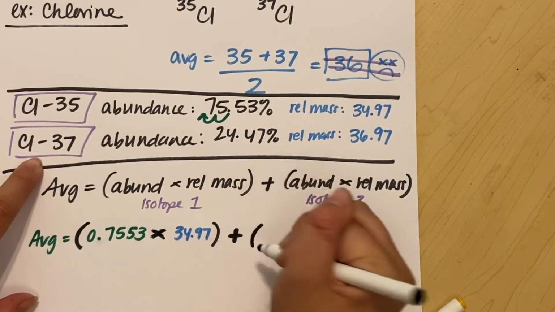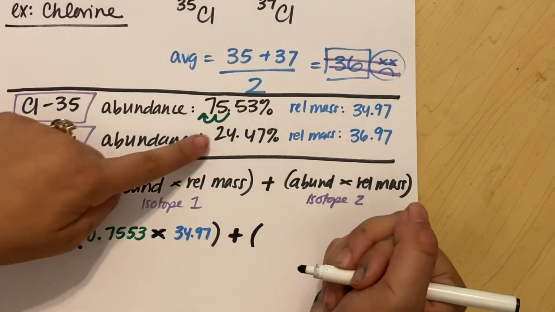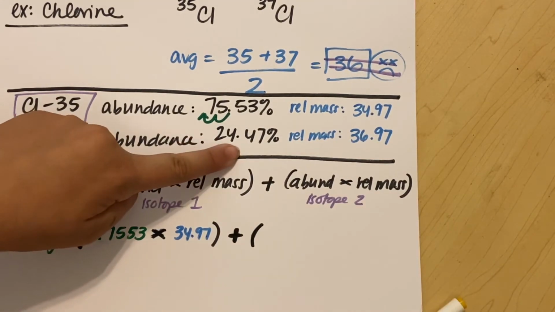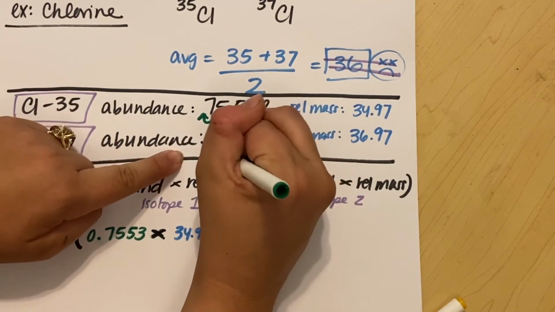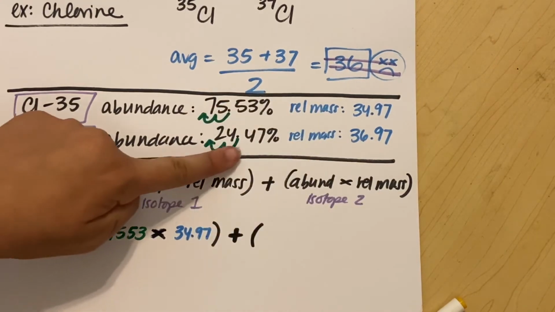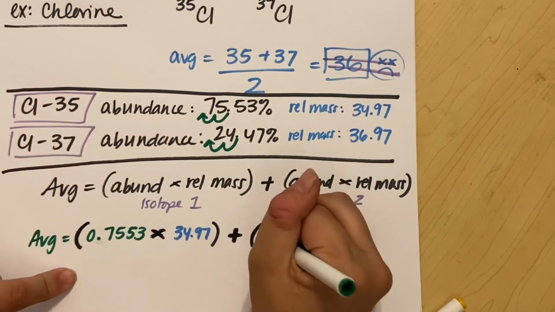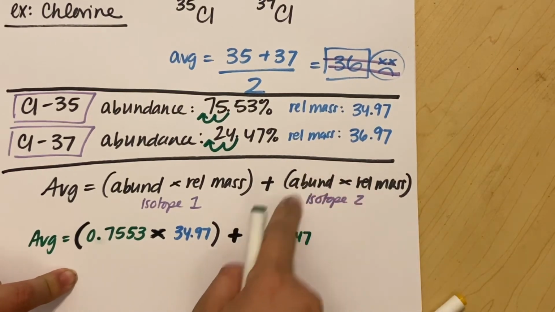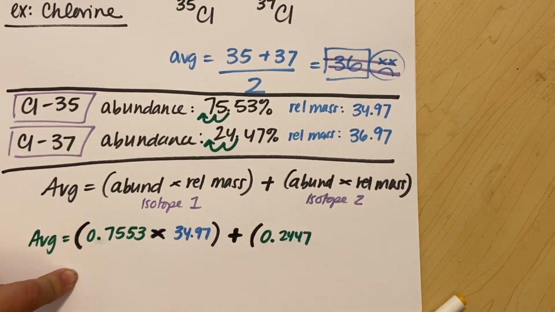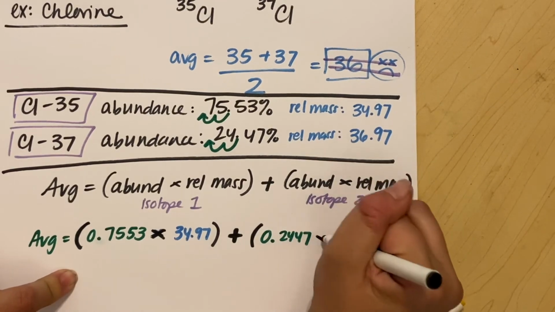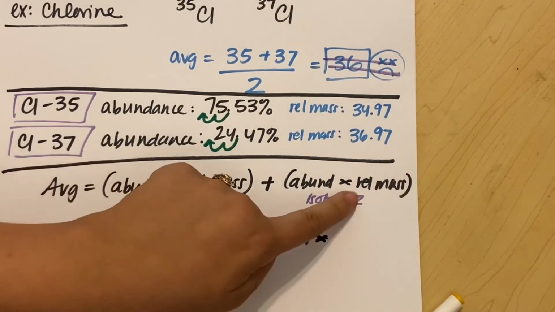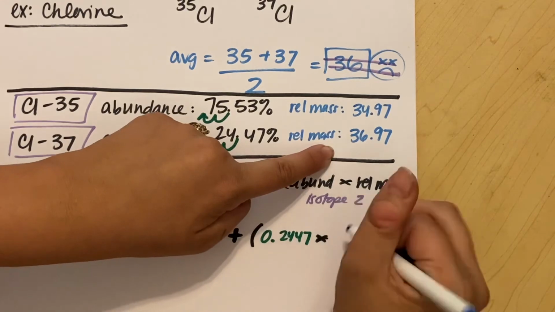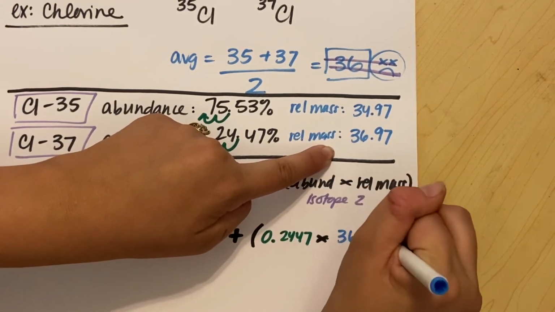So for chlorine 37, its abundance is 24.47%. I need to change that to a decimal, so move that decimal over 2 places. So 0.2447 for my abundance of this isotope, times the relative mass, which should be given to you, 36.97.